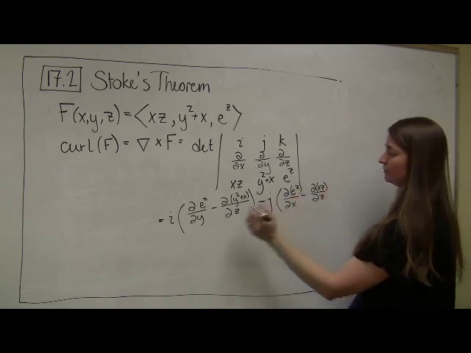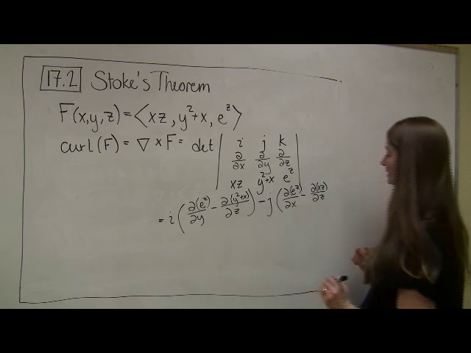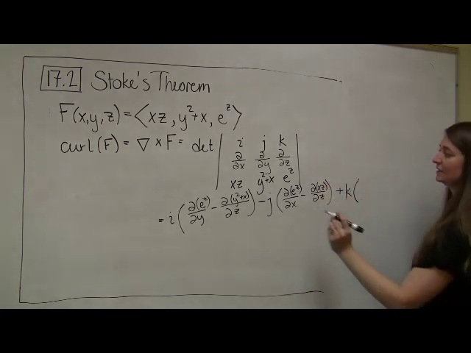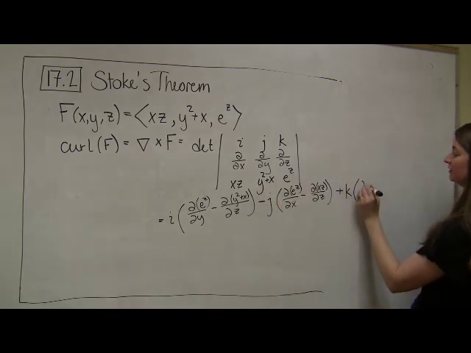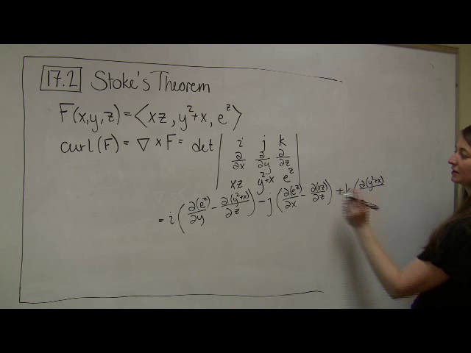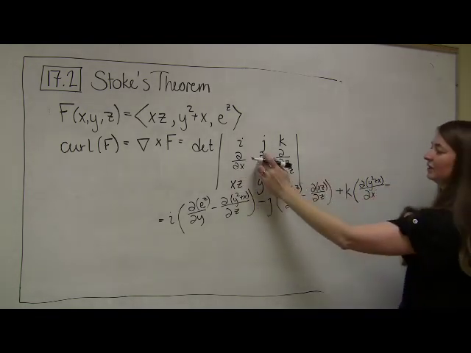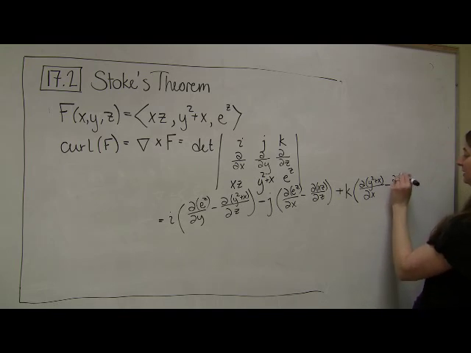These are all function inputs. Maybe the parentheses make that a little more clear. And then finally, my kth component is going to be the partial derivative of y squared plus x with respect to x, and then I subtract out the partial derivative of xz with respect to y.